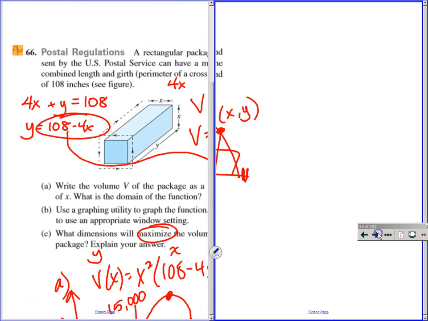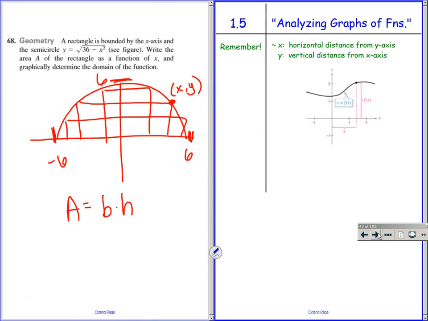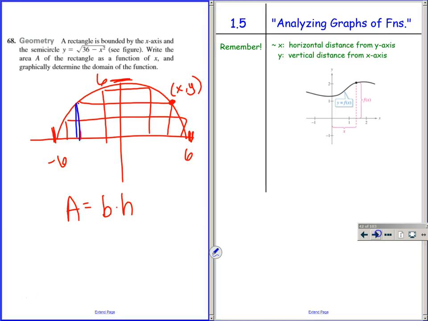Hold on. Did you guys just take notes in section 1.5 that showed that x goes from the origin out to a point and y goes up? So let's use that. Let's say we're using this rectangle. X starts at the origin and says how far over, and y says how far up. Something so basic and yet so hard when you have to do this problem.